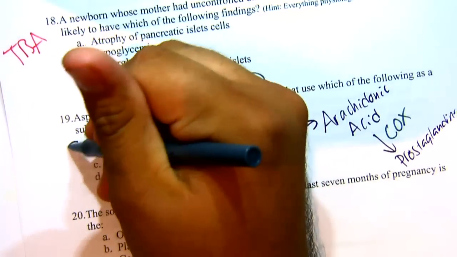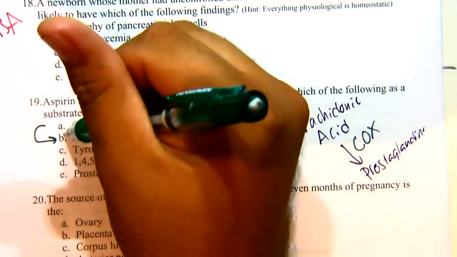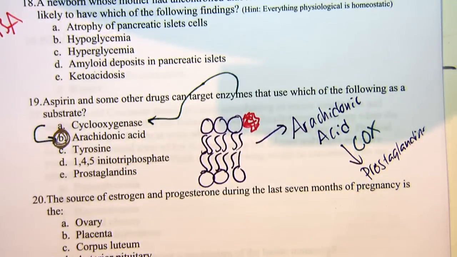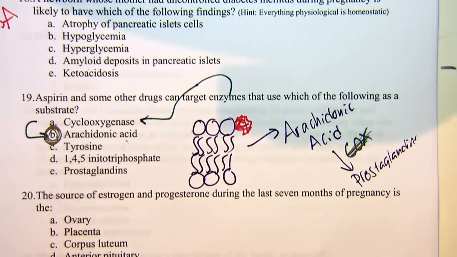So the correct answer for that one was B. When we have a fever, we take an aspirin, right? Aspirin can block the COX enzyme, and that prevents arachidonic acid from going into prostaglandins, and the prostaglandins from causing the fever. So the answer for 19 was B.